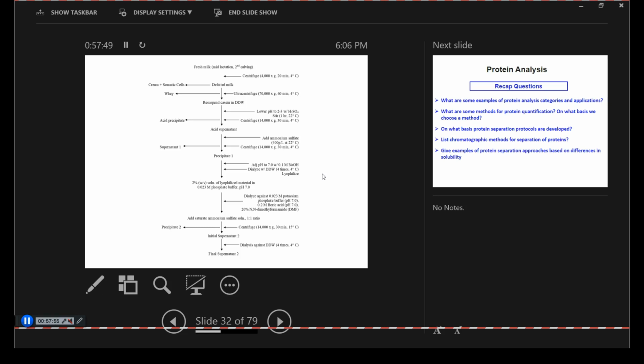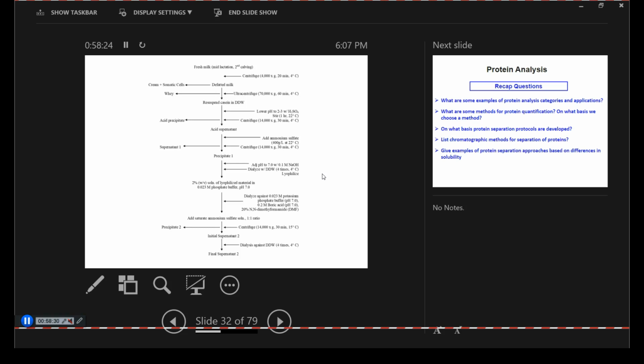Then you add a certain concentration of salt, centrifuge, collect the precipitate, adjust pH, dialyze, lyophilize, and resolubilize in buffer, and then again salt concentration, then you centrifuge, you collect the supernatant, you dialyze, and you end up with your final supernatant. It's such a long process, probably a day worth of work.